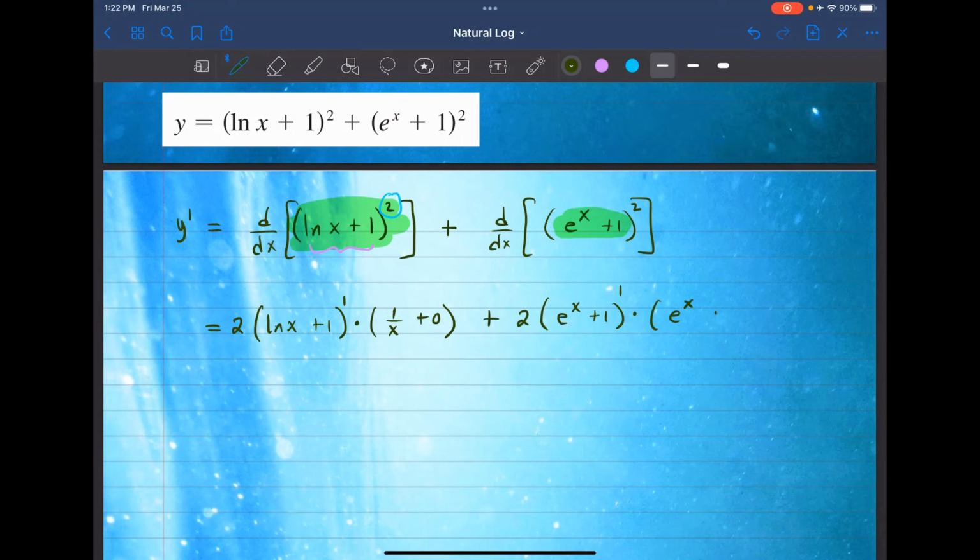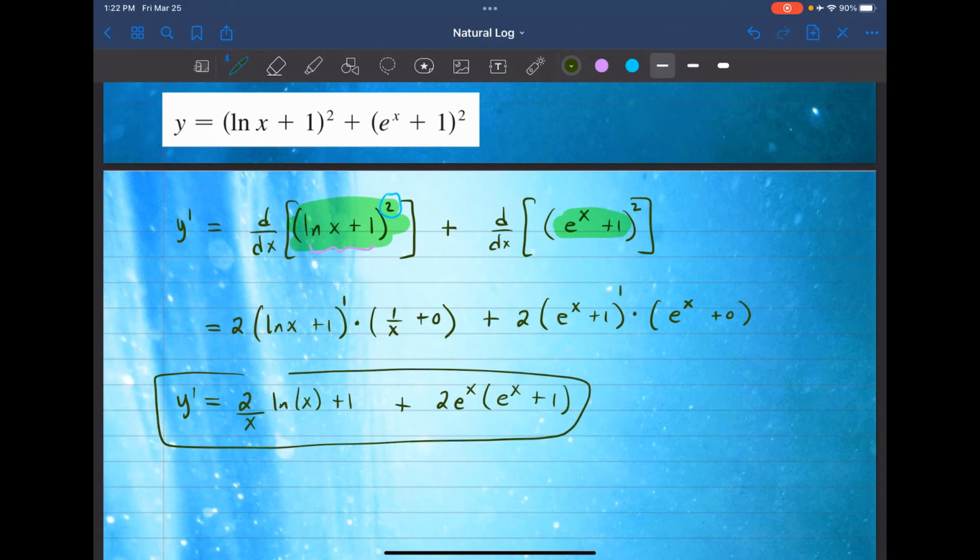Derivative of plus 1, that's 0. And then you just clear things up, but that's pretty much your derivative. So this is equal to, now I can write this as 2 over x times ln of x plus 1, and then plus 2 e to the x times e to the x plus 1. So that's my derivative of this function.